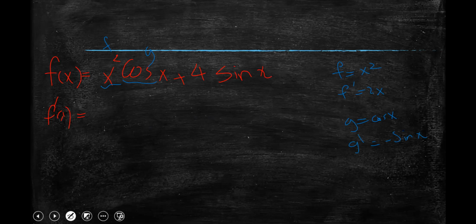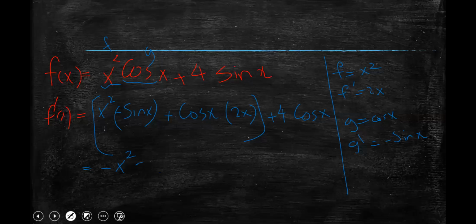So f times g prime plus g times f prime, plus 4 times the derivative of sine, which is cosine x. Negative x squared sine x plus 2x cosine x plus 4 cosine x. This is the final answer.